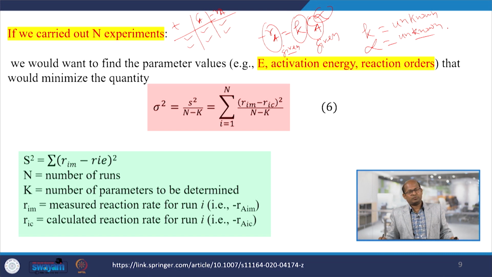These two are unknowns, we have to evaluate by using nonlinear regression techniques. Okay. So, here to find the parameter values, we need this rate, these are the experimental rate, the rate whatever we are getting from the experimentally observed data points.